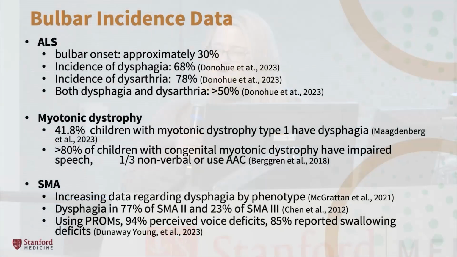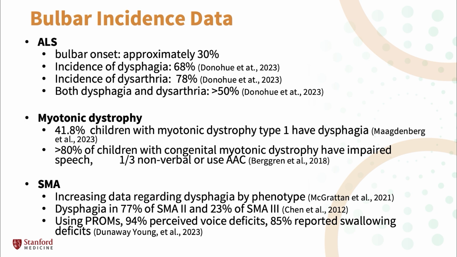And then finally, in our SMA population, a lot of incredible data, again coming from Caitlin McGrattan's group, looking at dysphagia by phenotype, with some other interesting studies there, with 77% of individuals with SMA2 presenting with dysphagia.